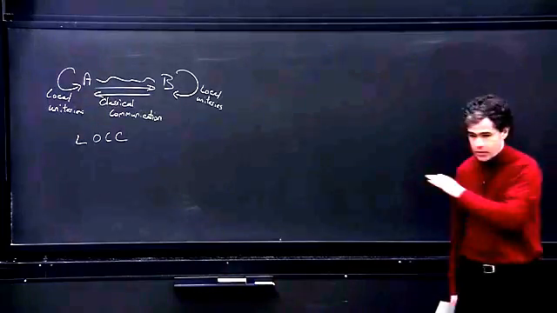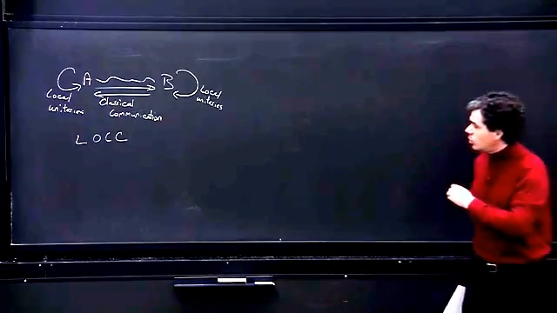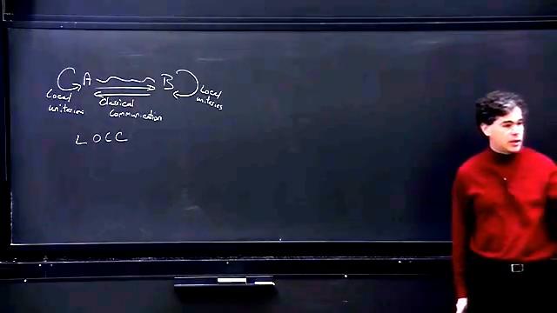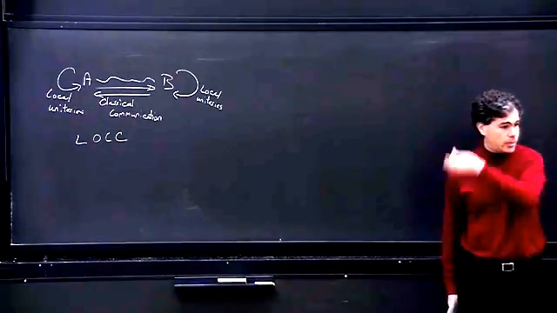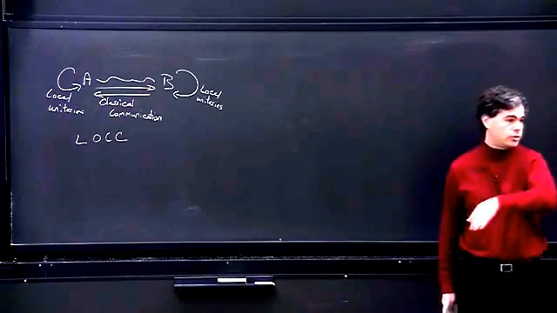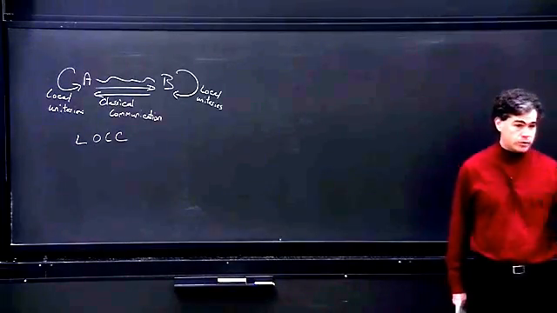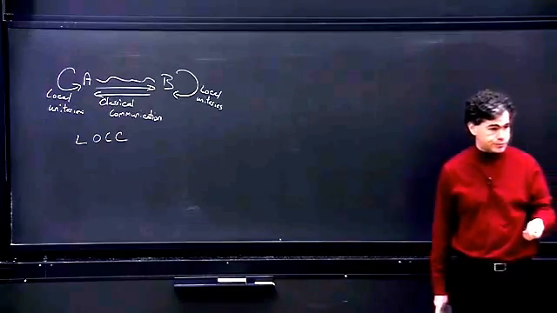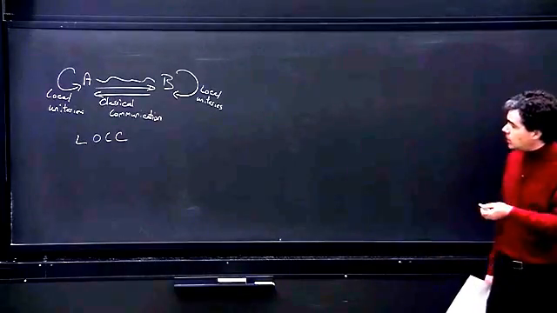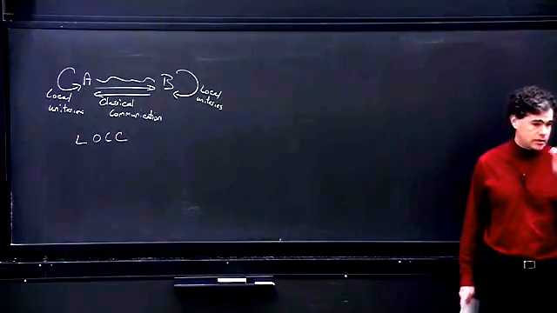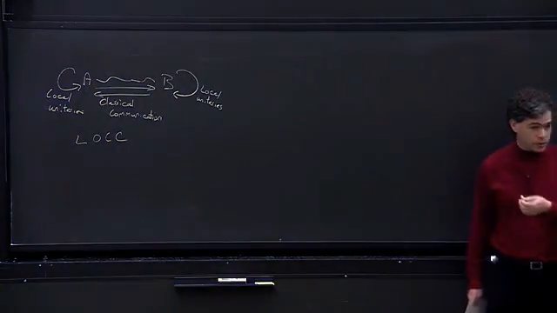Now, LOCC is kind of a complicated class because you can even include multiple rounds of communication. Like Alice can make a measurement and then send the result to Bob, and Bob can do some complicated unitary and do another measurement and send the result to Alice. And you can keep on going back and forth for many, many rounds. But it is relatively easy to characterize a set of states that you can make out of kind of nothing using LOCC.